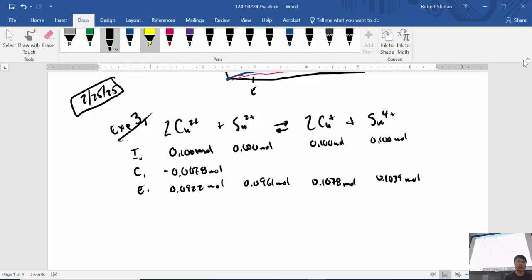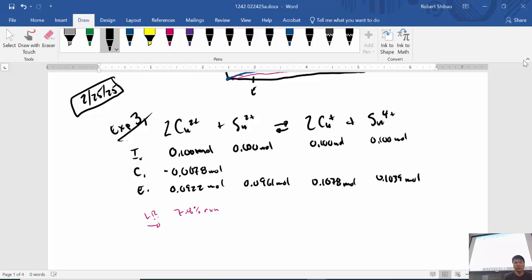And so I'm going to write that here. In other words, this had 7.8% reaction. Copper again is our limiting reagent if we go in the forward direction, and we had 7.8% reaction. The tin is our excess reagent, so we don't really do percent reaction based on the tin. But how much tin did we lose?